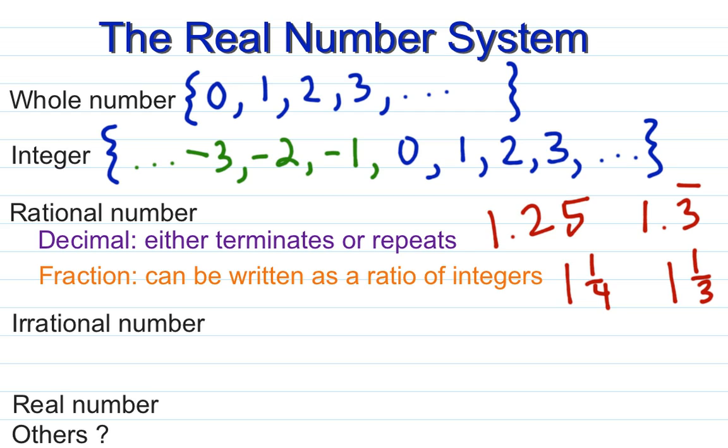Both of those can be written as a ratio of integers if I convert them to improper fractions, which I have just now done. 5 and 4 are both integers, and now they are written as a ratio of integers, showing the number 1.25 in fraction form. Same thing with the 4/3. 4 and 3 are both integers, and so that represents a ratio of integers.